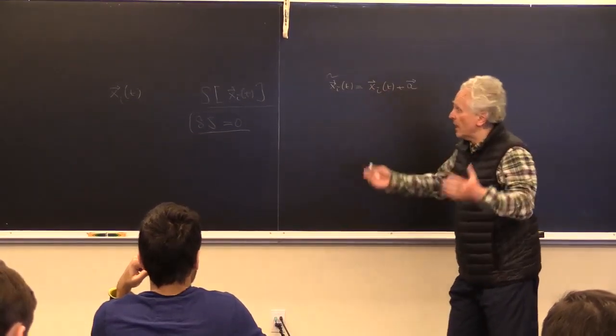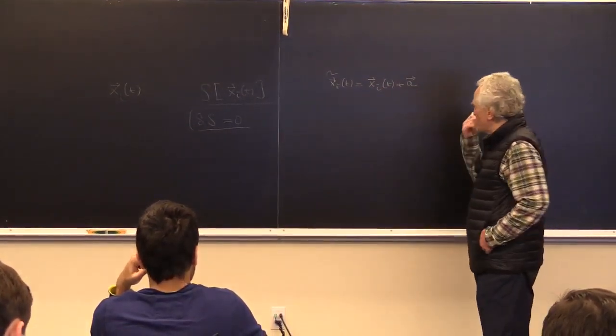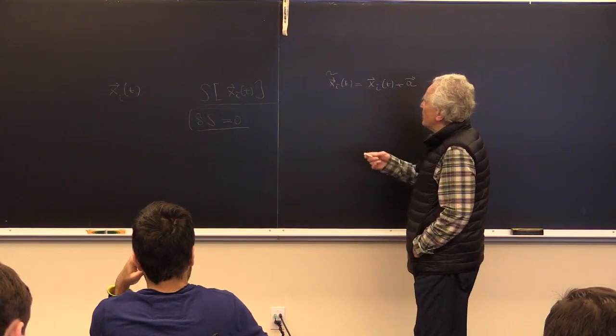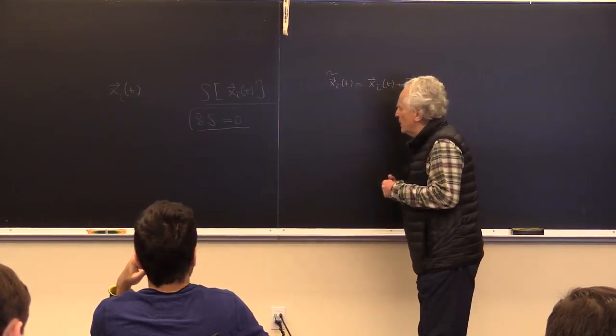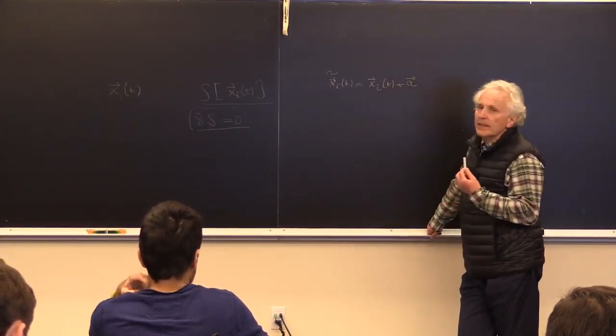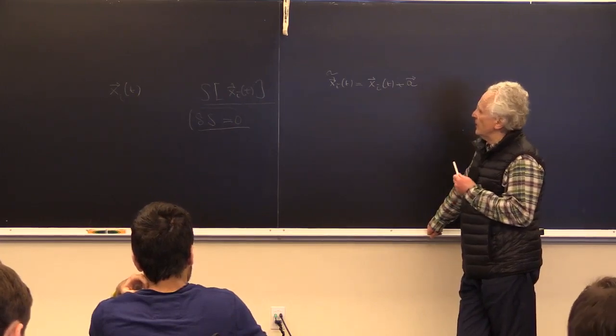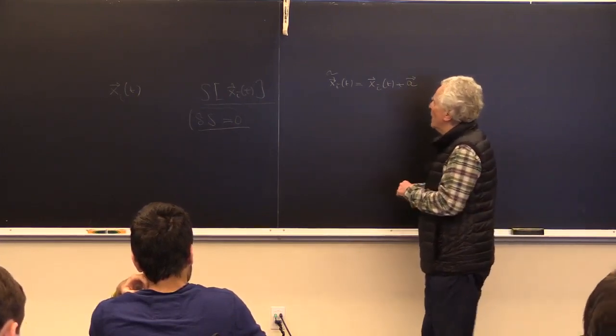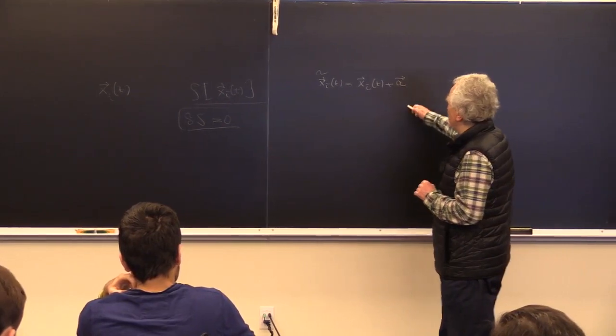And of course, there are hundreds of examples of such systems. But then we said, in order to discover the connection between symmetries and conservation law, let's gauge this symmetry.